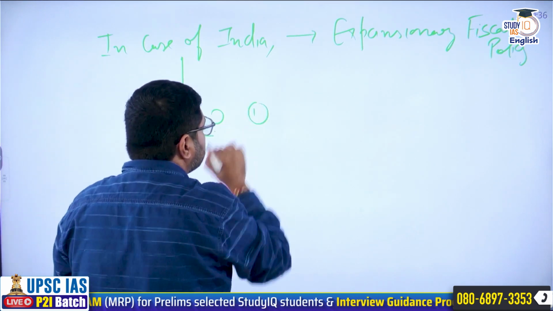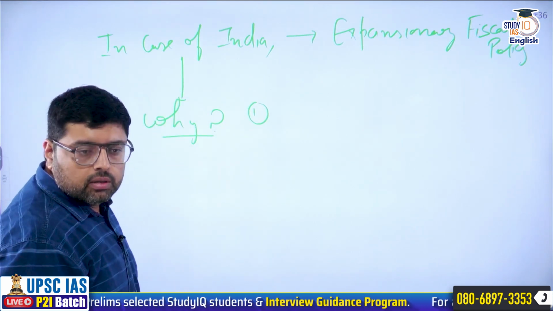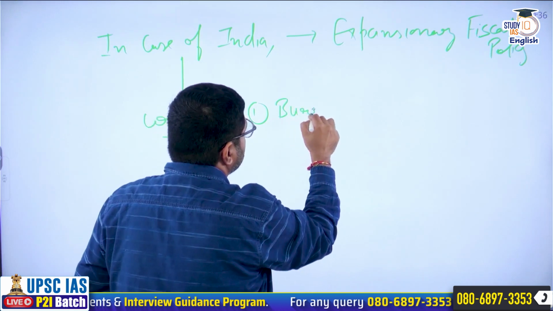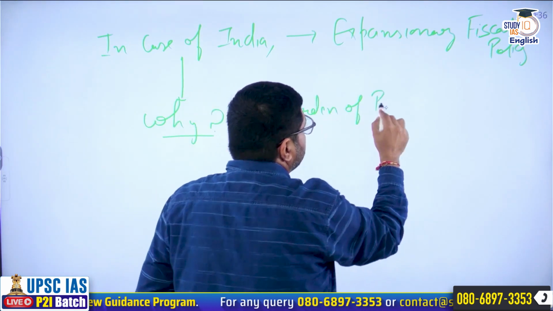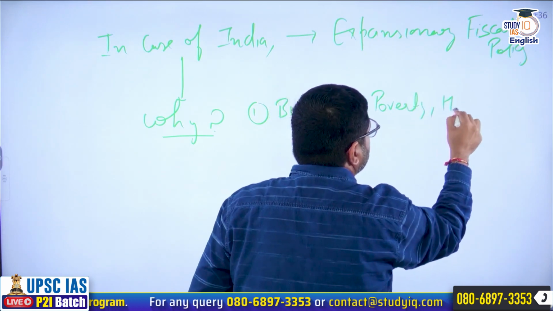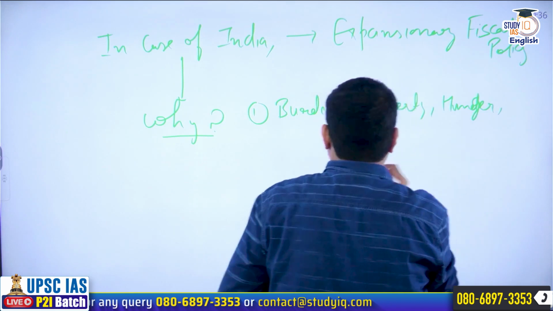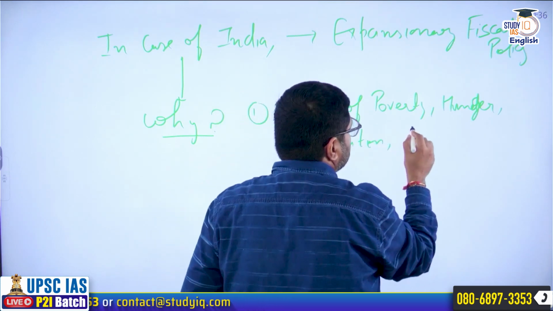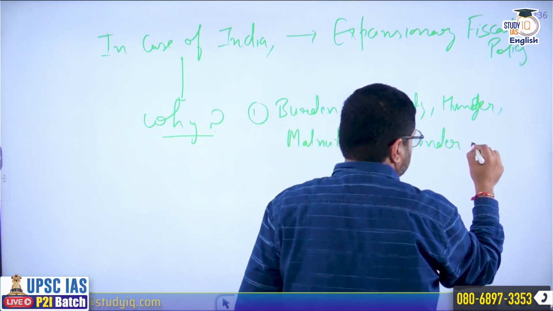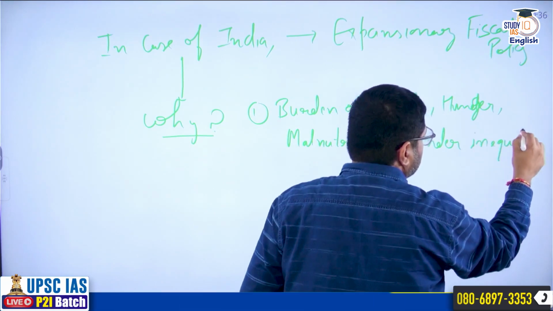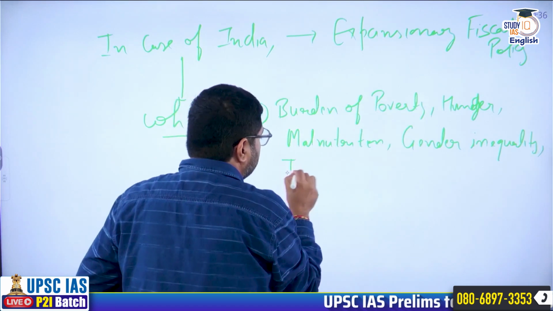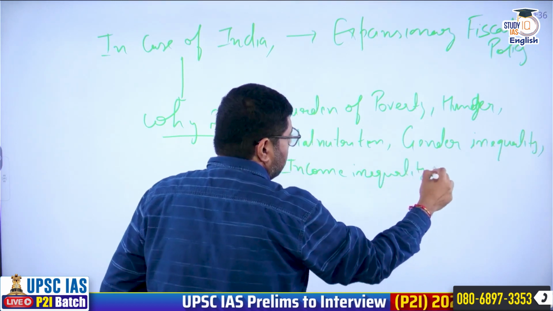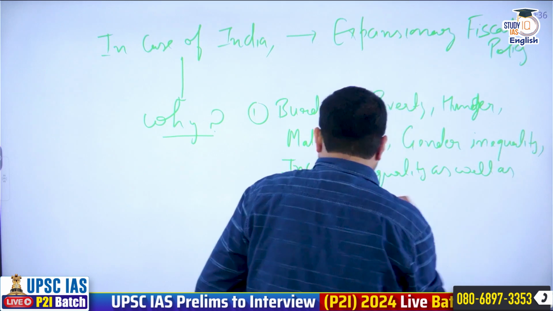Number one is the burden of poverty, hunger, malnutrition, gender inequality, income inequality, as well as vulnerable sections.